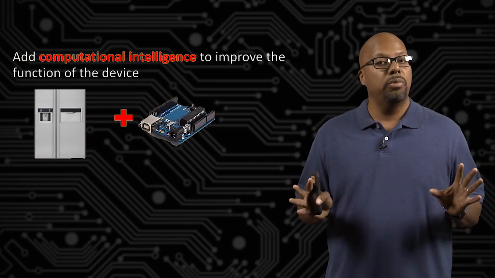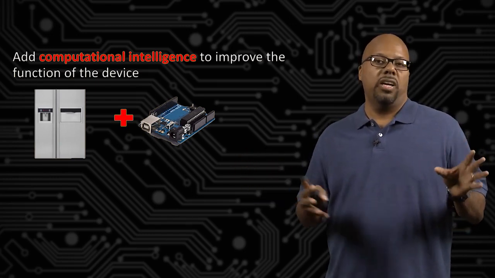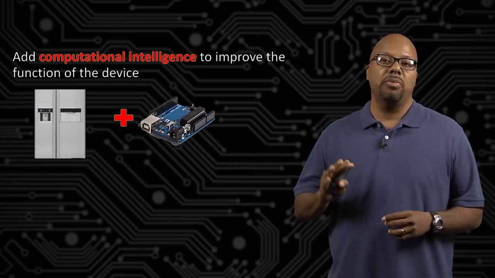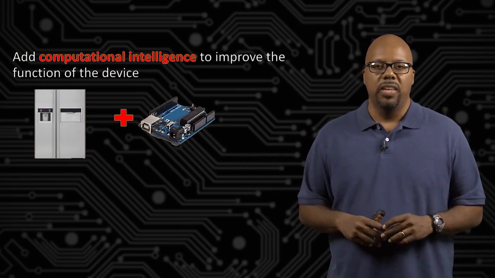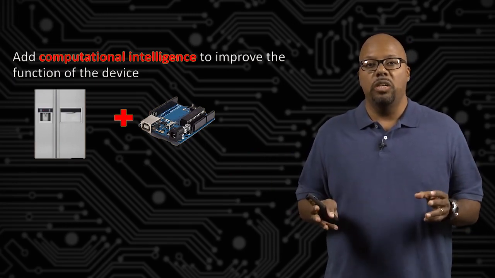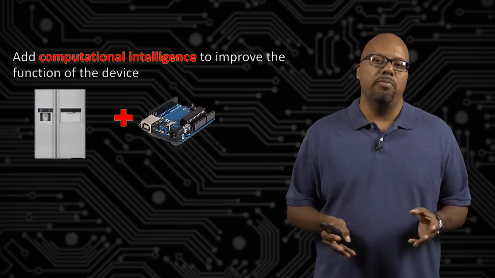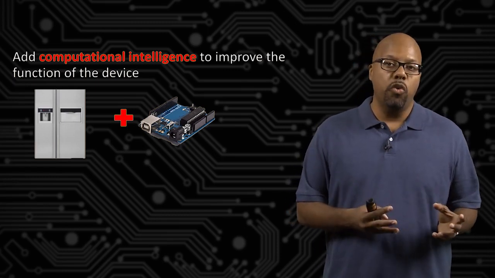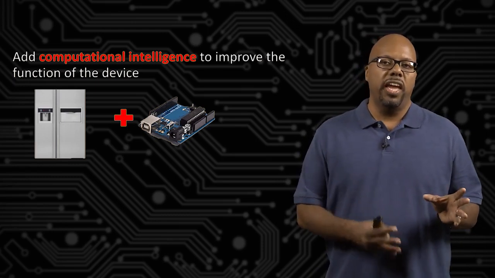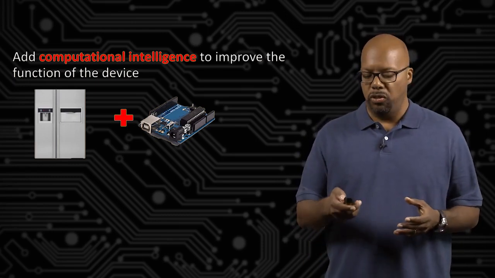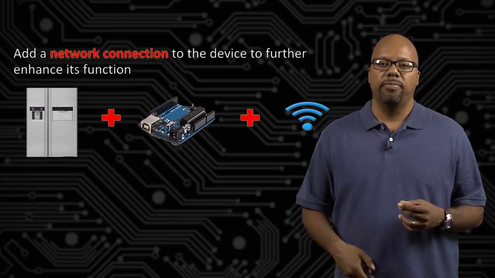It doesn't look like a computer. It looks like a thing of some kind. It looks like a refrigerator, but it actually has computational intelligence inside. So it's really a computer hidden on the inside. And it somehow is used to improve the functionality of the device, to make the device do what it did before, but better. So that's what you start with. You start with a thing, you add some intelligence, some computer technology inside it.